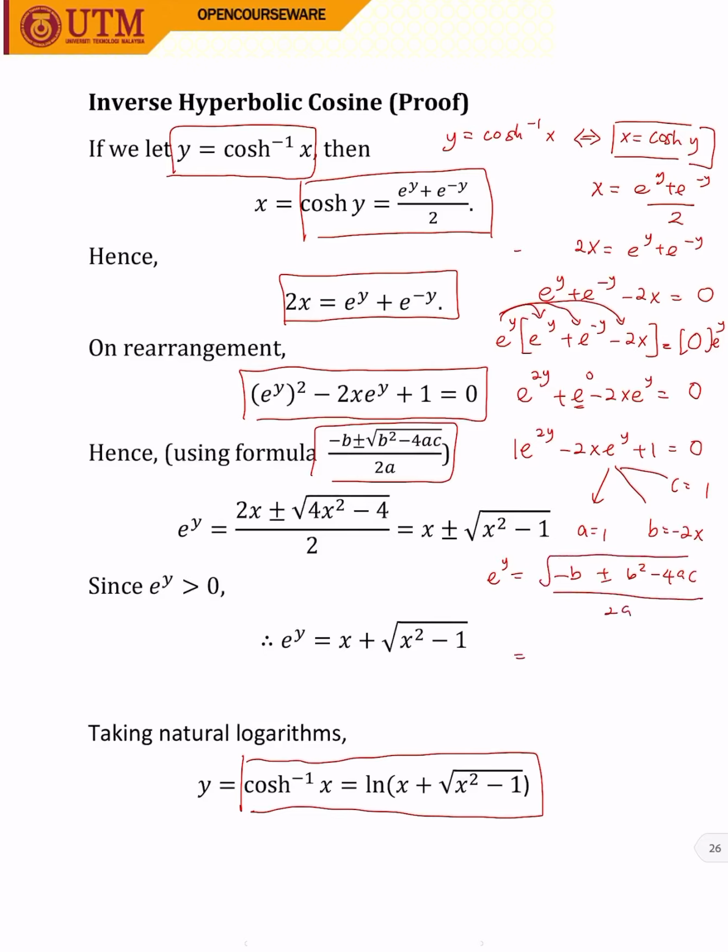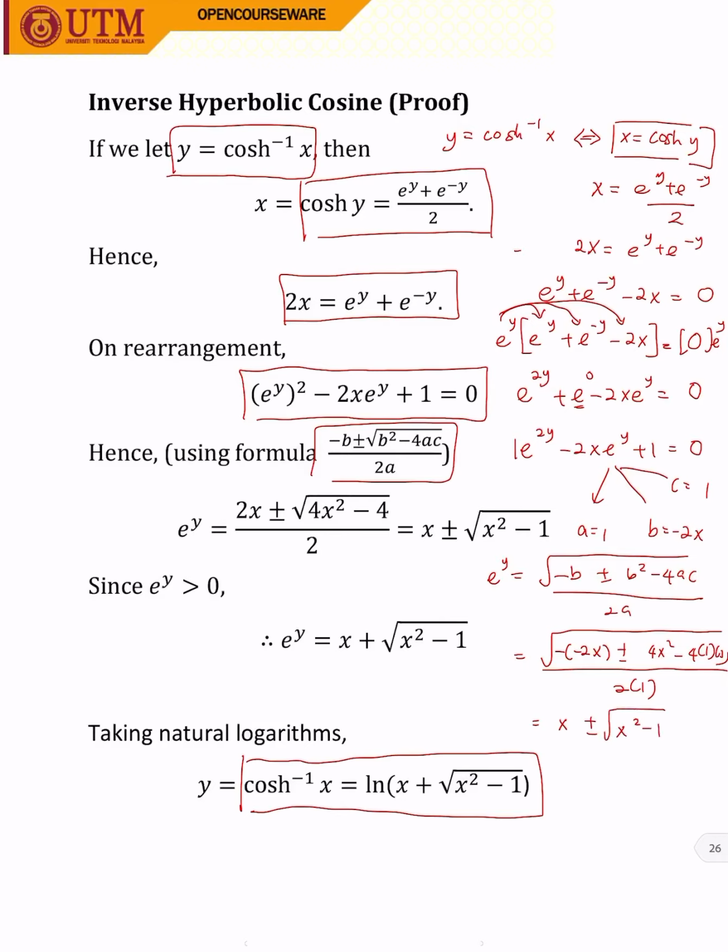So we put in negative b is 2x plus minus, we will get 4x squared minus 4ac, over 2a. So lastly we'll have x plus minus the square root of x squared minus 1.